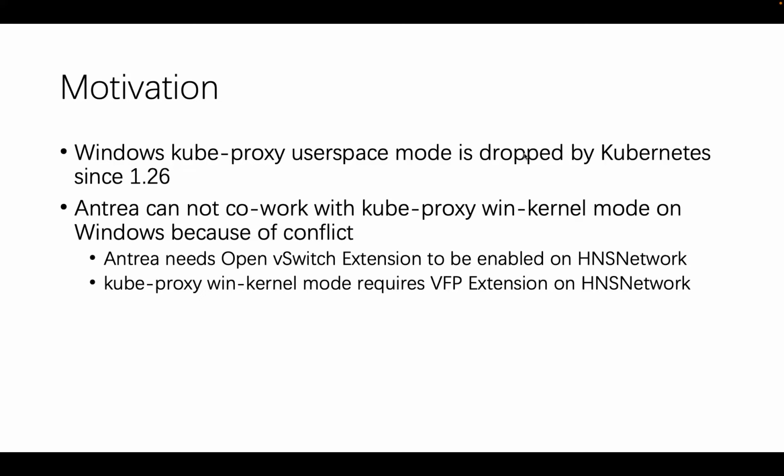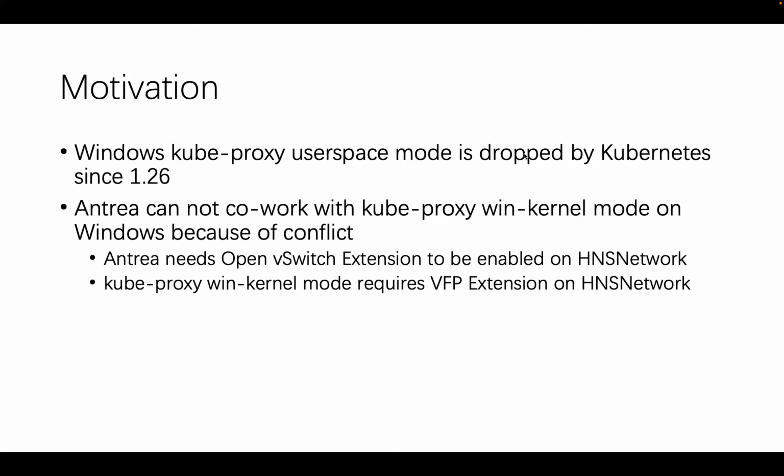That is because kubeproxy has another mode, the kernel mode on Windows, but Antrea cannot co-work with that mode. The reason is that Antrea needs to use the Open vSwitch extension on the HNS network, which was used for running pods, but kubeproxy kernel mode requires a VFP extension.